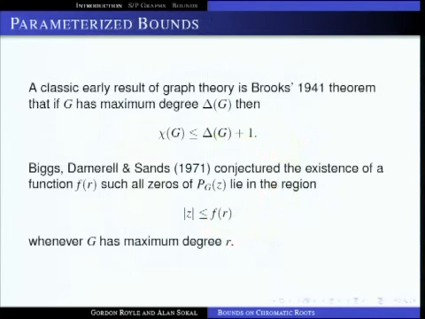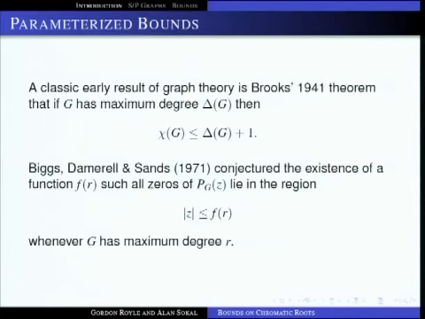What about parameterized bounds? Well, if we look at integer chromatic roots, then that's just talking about the chromatic number. And we know that the chromatic number is bounded by the maximum degree of the graph plus 1.